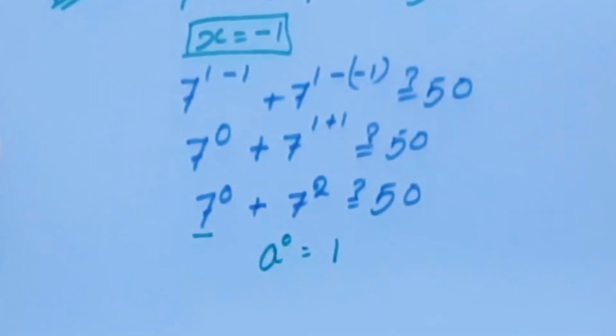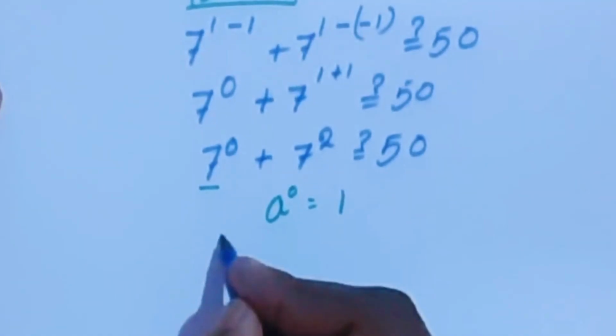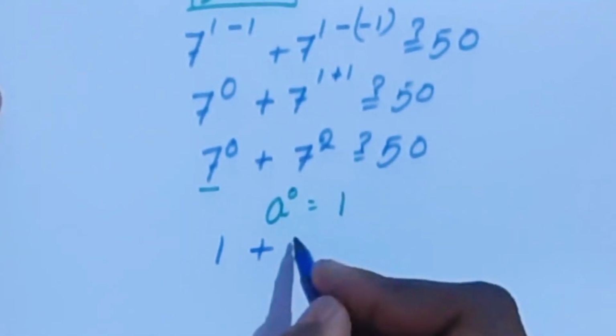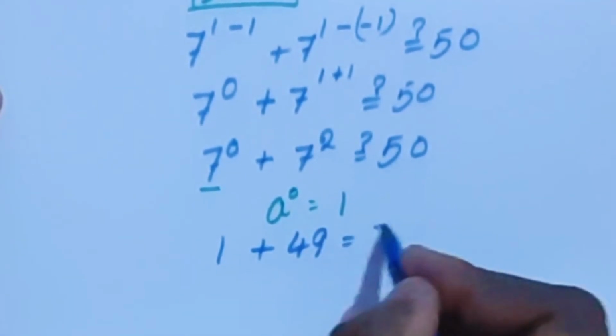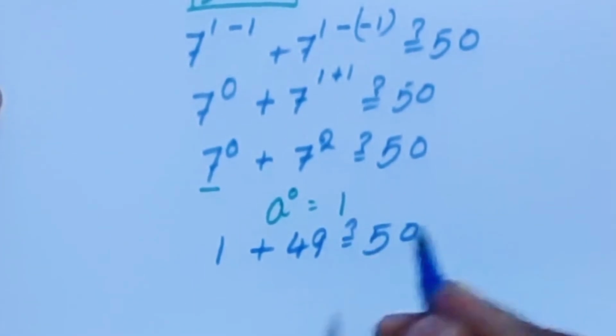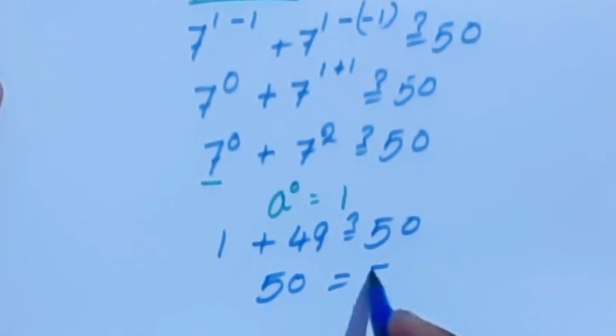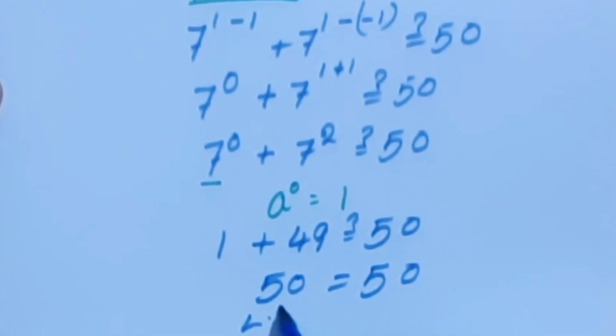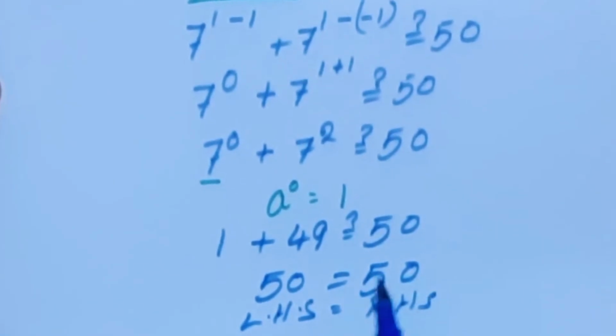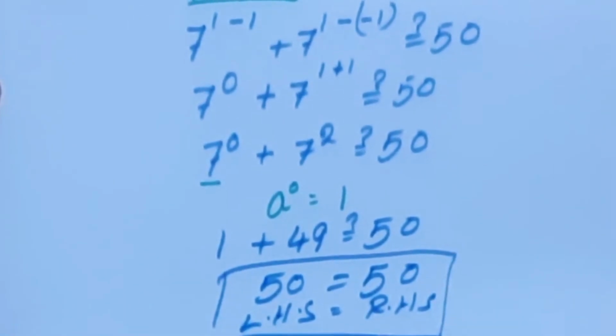Applying this here. So, 1 plus 7 square is 49 equal to 50. So, here 1 plus 49 is 50 equal to 50. So, LHS equal to RHS. This is verified.